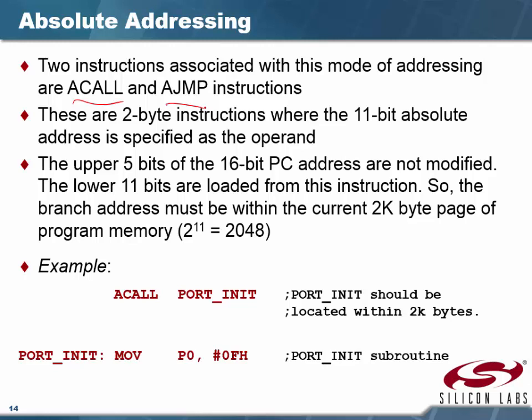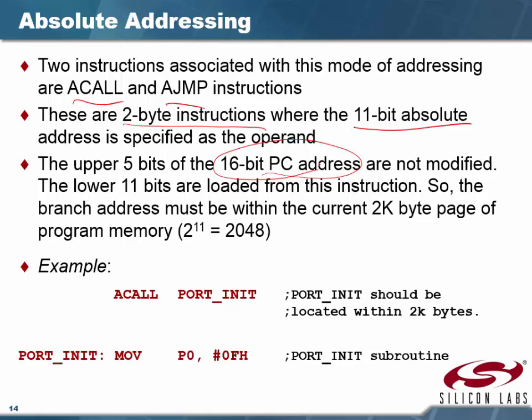Okay. The A call means that you've got 8 bits to work with. It's a 2-byte instruction. The upper 5 bits of the program counter are not modified, so the target must be located within the current 2K range.